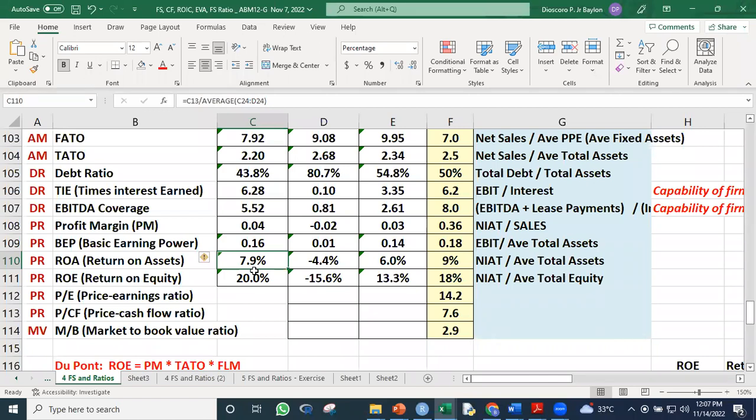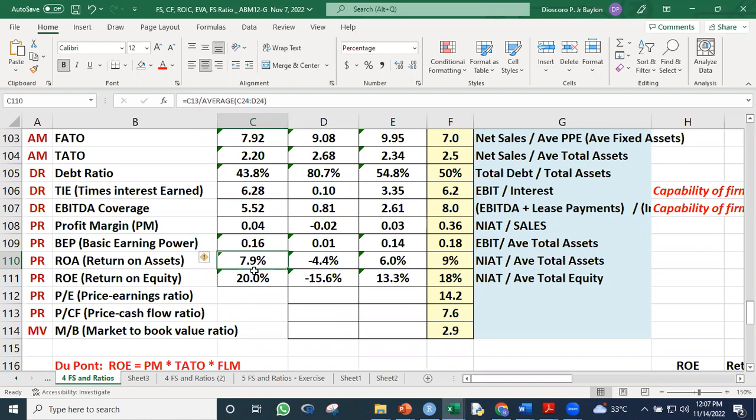Okay, it was better compared to 2019, and of course 2020, kasi noong 2020 talagang bagsak yung profitability. So kaya nga naging negative sa 2020 kasi yung net income after tax natin noong 2020 was negative.